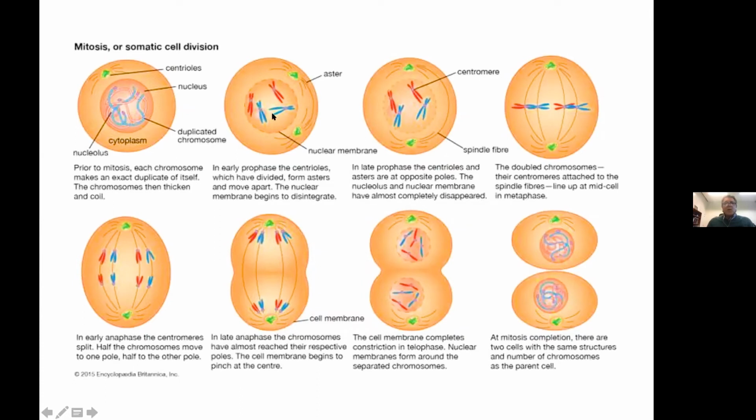The other thing that happens is that instead of having this spaghetti sort of mixture here in the nucleus, now we have these very organized chromosomes. Each chromosome actually has two copies that are equal, and they're called sister chromatids. And these sister chromatids form a single chromosome.